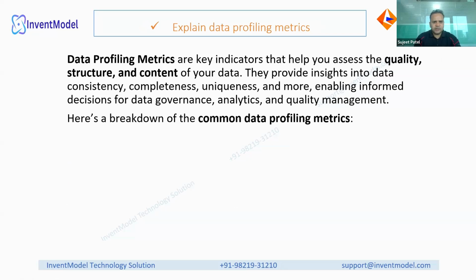Data profiling metrics are key indicators that help you assess the quality, structure, and content of your data. I would like to repeat it again, this is a very important point.